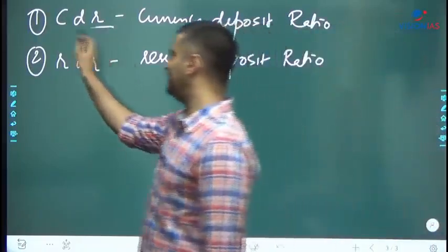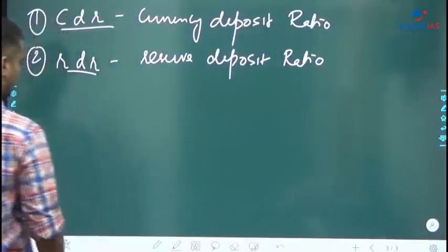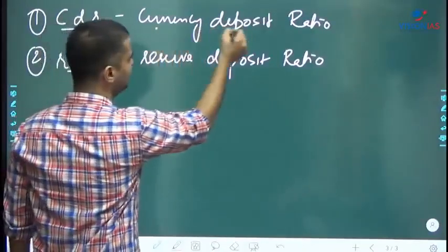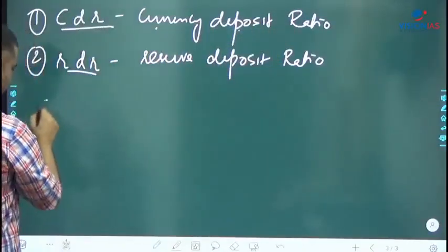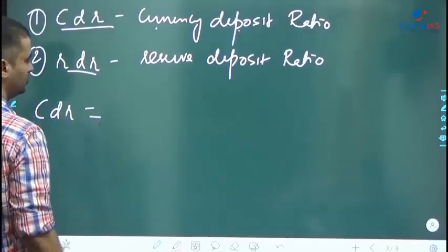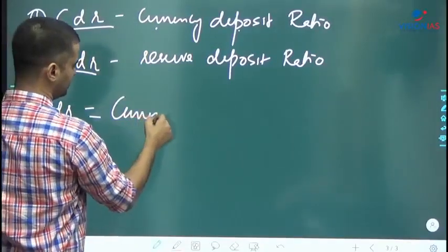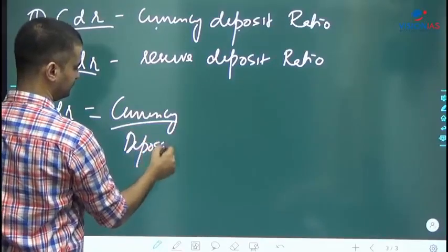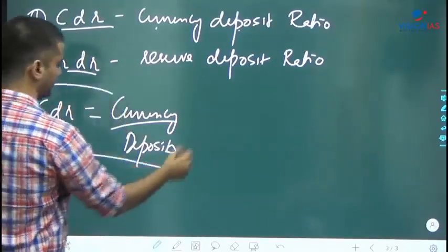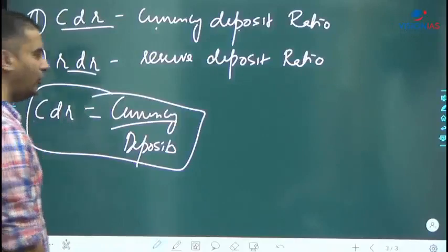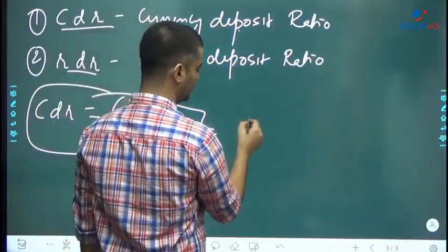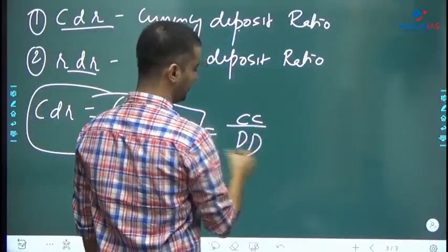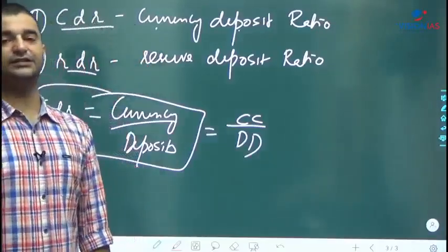First term is CDR, currency deposit ratio. What is CDR? As the name suggests, CDR is simply equal to currency upon deposits. Or if you want to write it in notional terms, C upon D. This is what currency deposit ratio is.